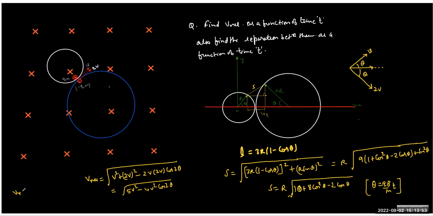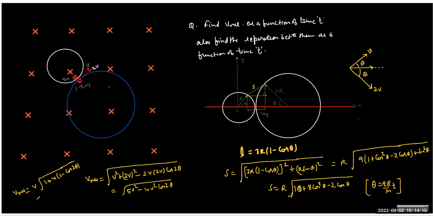So the relative velocity turns out to be v under root of 5 minus 4 cos 2 theta, so I can write it as 1 plus, I can take 4 common, 1 minus cos 2 theta.